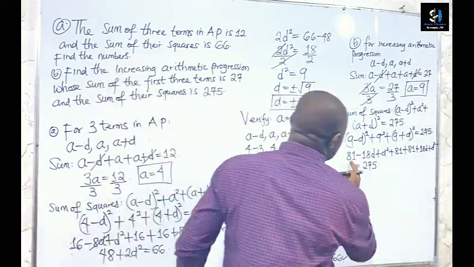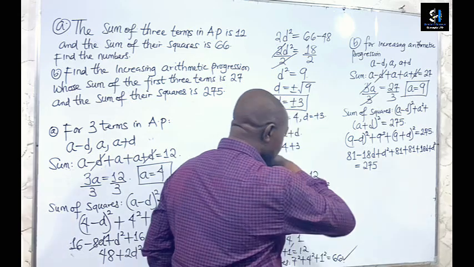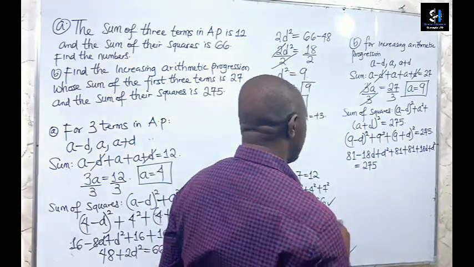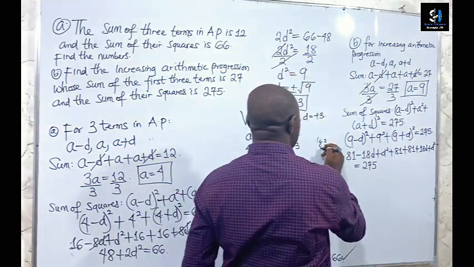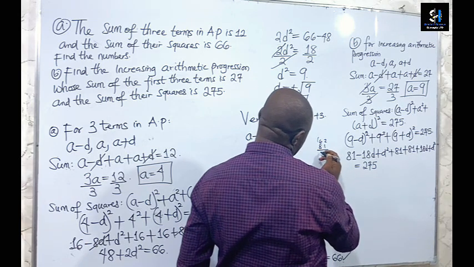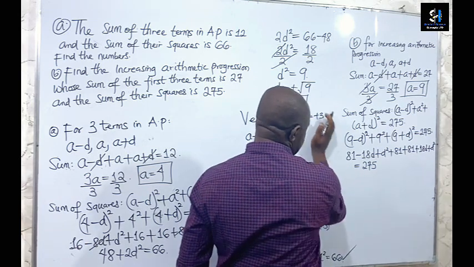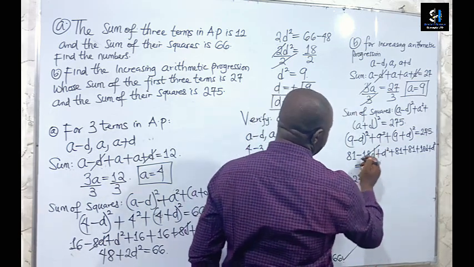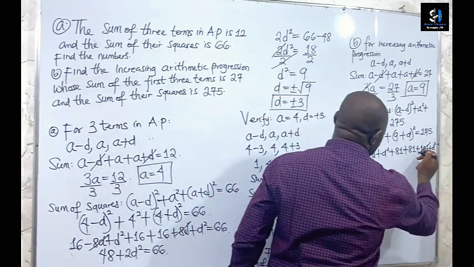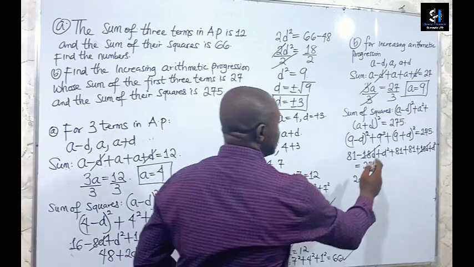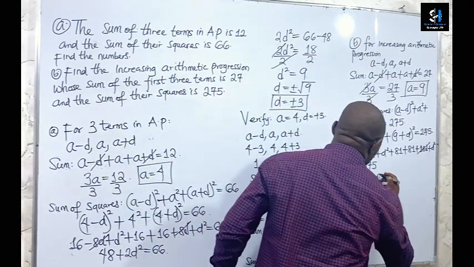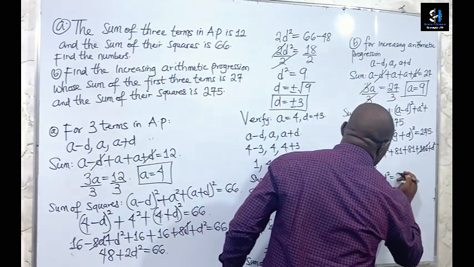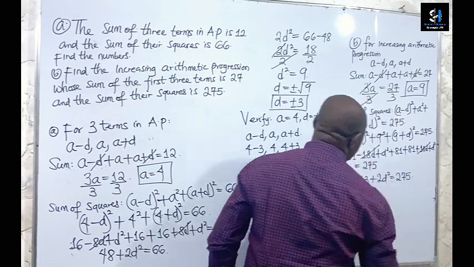So 81 plus 81 is 162. 162 plus 81 is 243. Negative 18d plus 18d will be 0. So d squared plus d squared will be 2d squared equals 275.